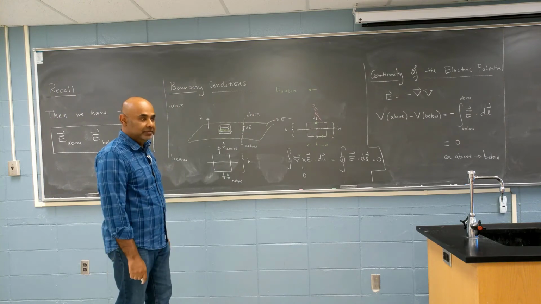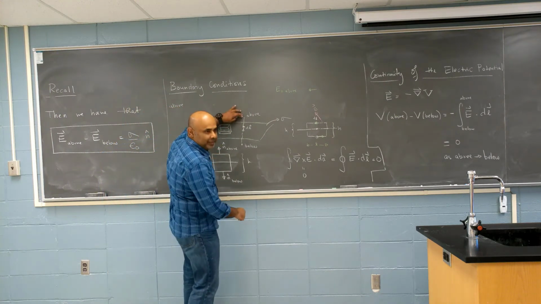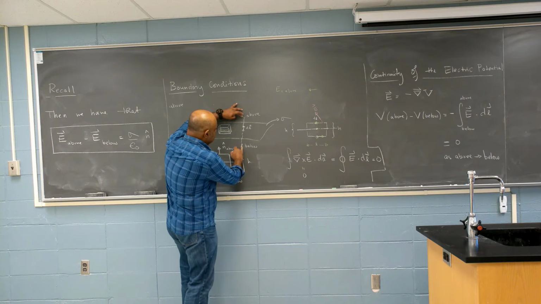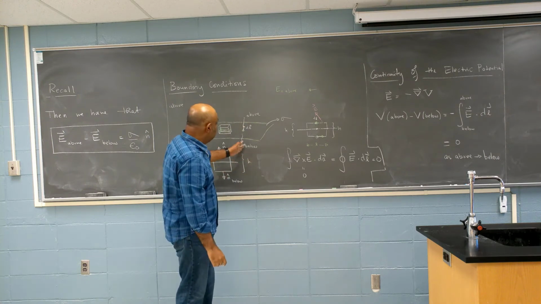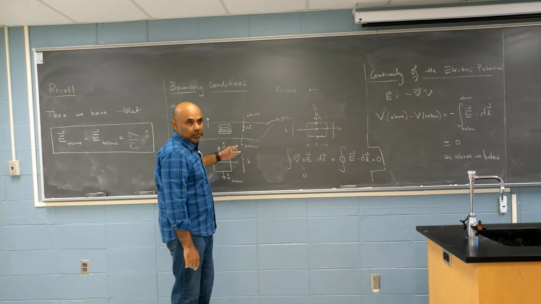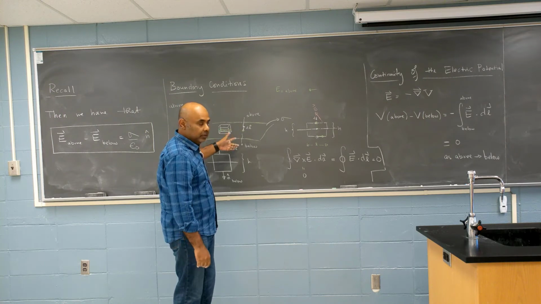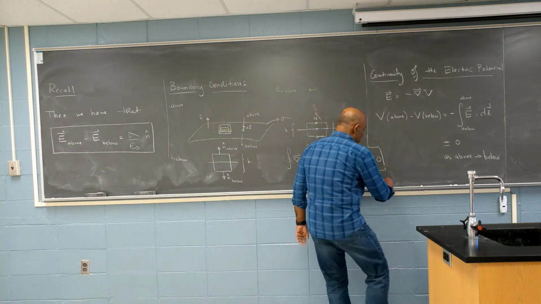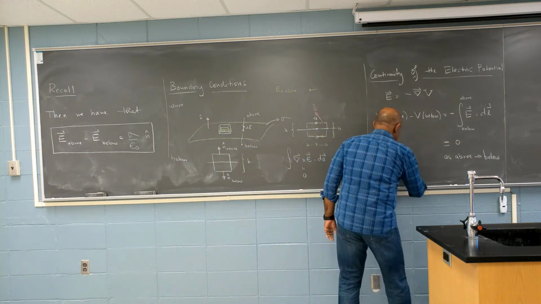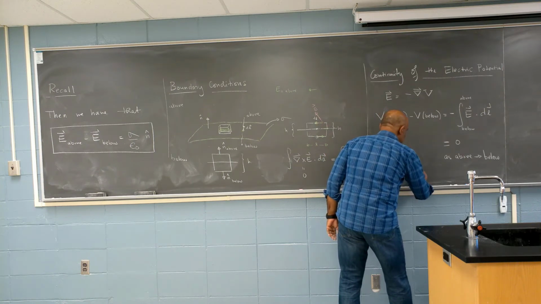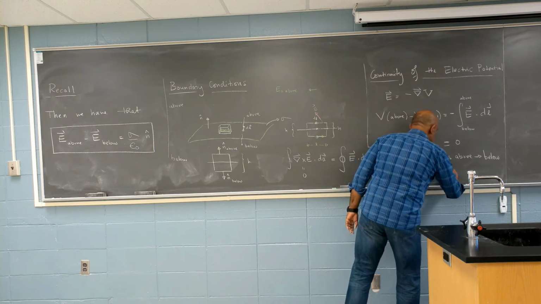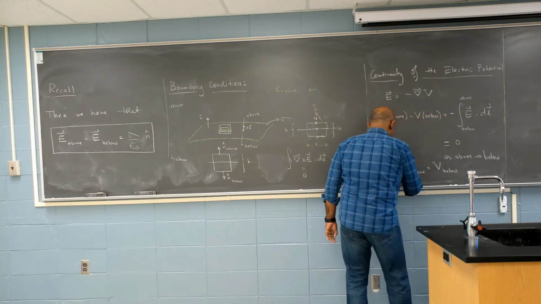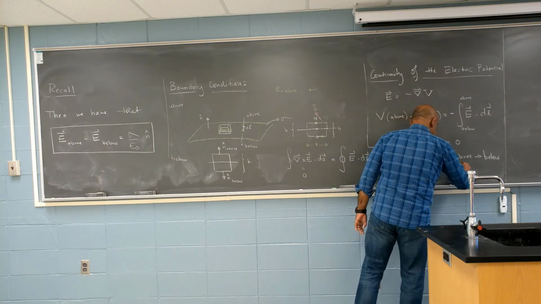Misusing the term, nonetheless, when I say above approaches below, I mean you're not integrating over anything. As long as the electric field is bounded, we don't expect any infinities here. We get this to be 0, or V above equal to V below.